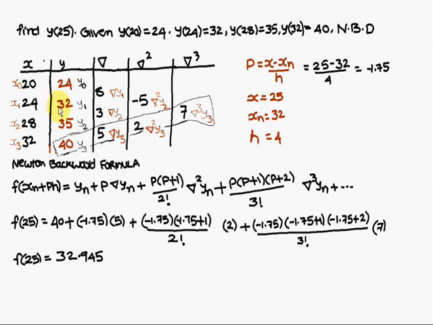In Newton backward interpolation, always remember these diagonal values only you are going to substitute in the formula. If you consider the Newton forward interpolation, these upper values you are substituting: 24, 8, minus 5, 7. So if it is Newton backward, 40, 5, 2, 7 you are going to substitute in the formula.